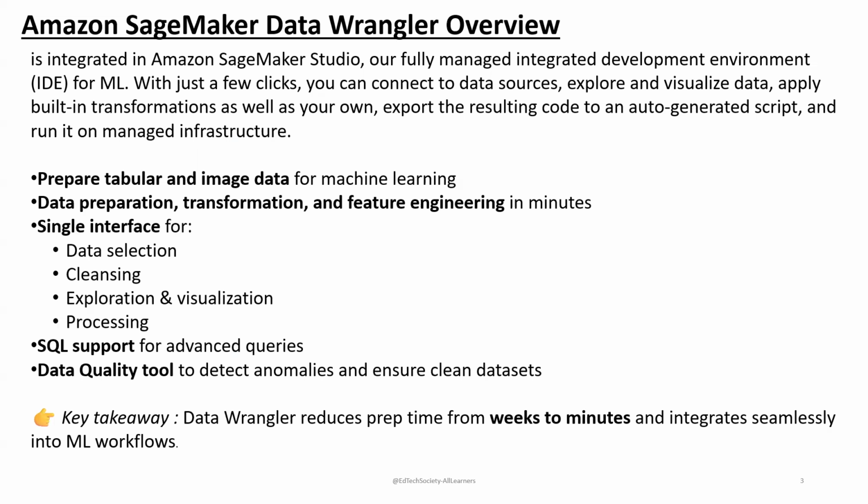Mainly we can apply any transformation we want. We can export our code to another script or any other format, and run it in our managed infrastructure. So what are the things we mainly do?